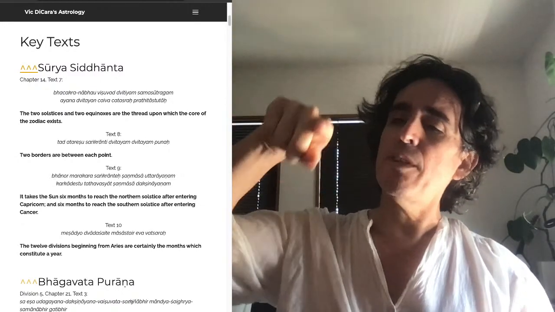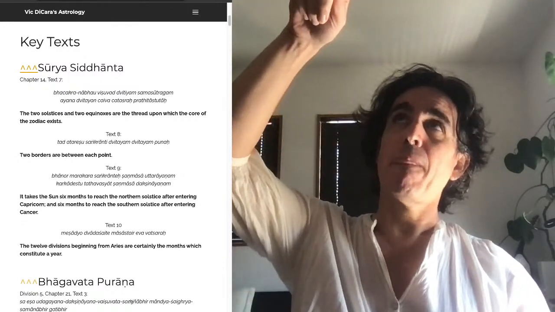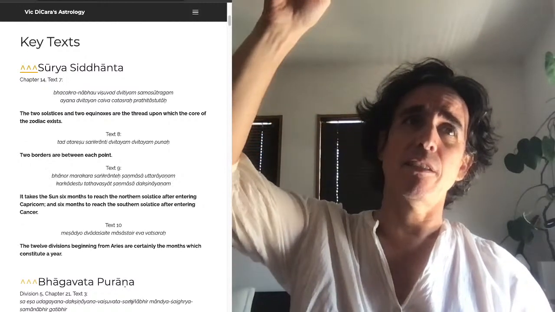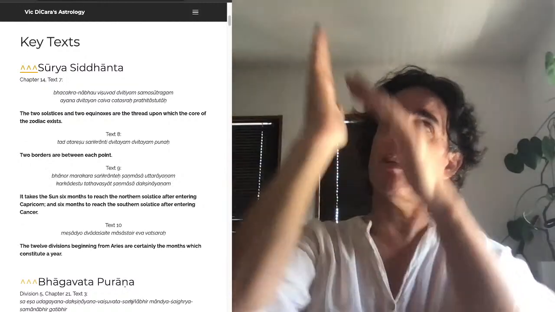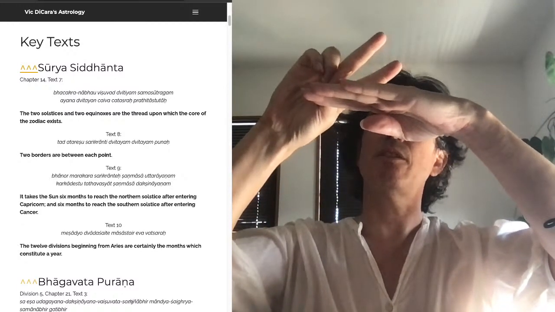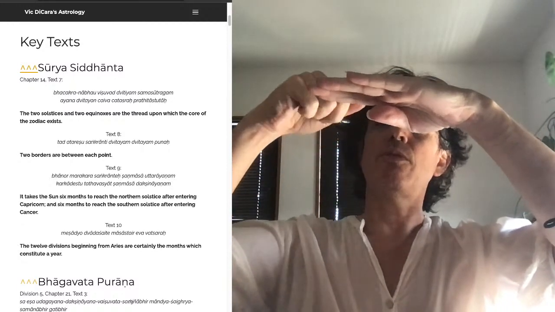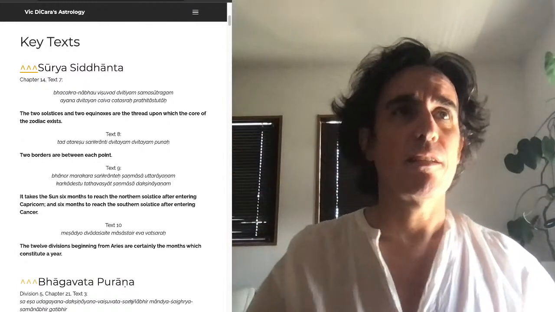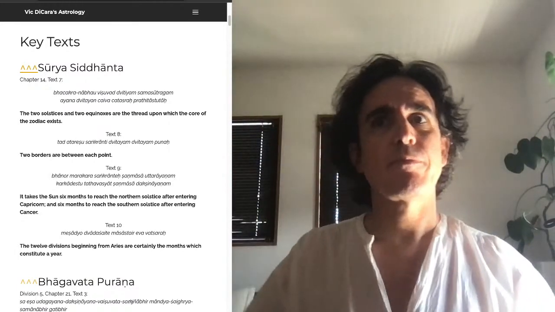So to go from this Ayana to this Ayana, it's going to cross 6 Sankrantis. If you take this thing and you divide it, you put 2 divisions in between each one, and you get 1, 2, 3, 4, 5, 6, until it gets from the bottom to the top.